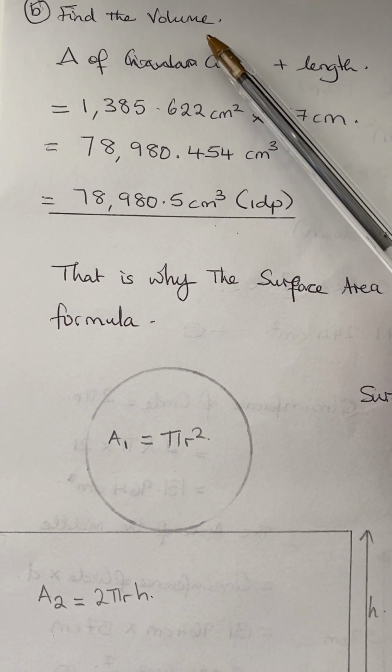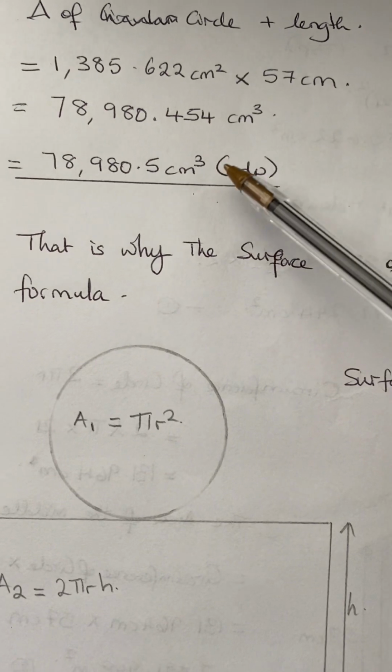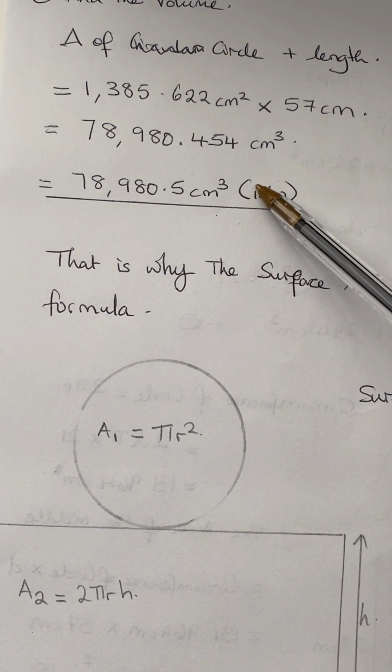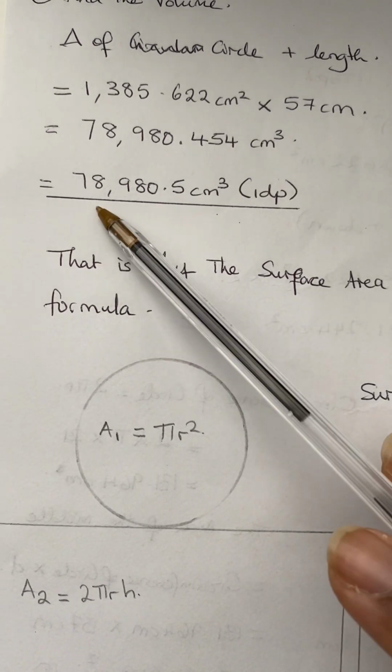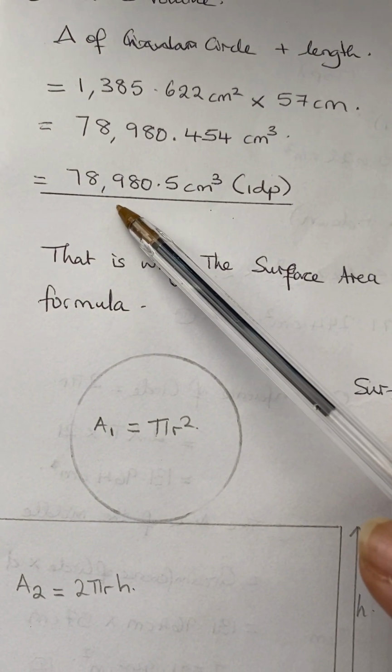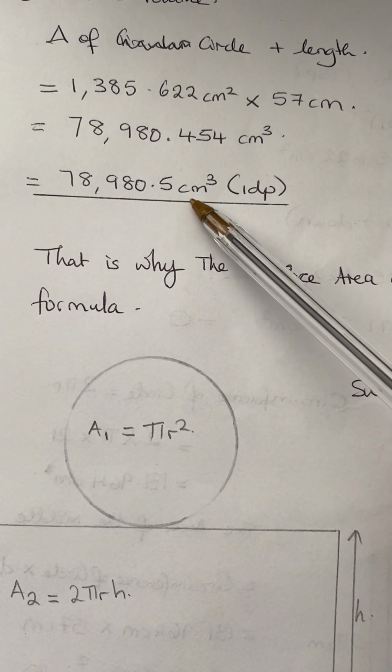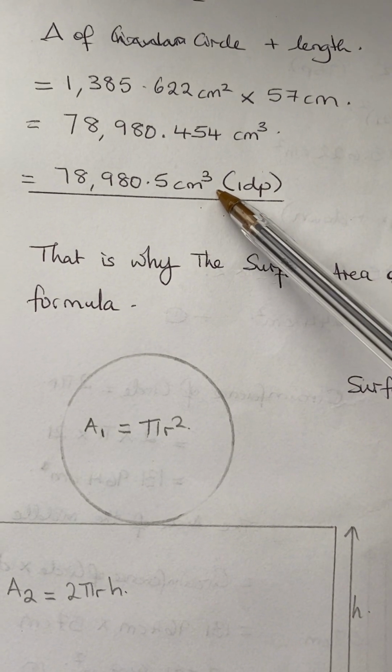Remember, you are finding volume. Okay, they say we should leave our answer to one decimal place. So 78,980.5 centimeter cube.